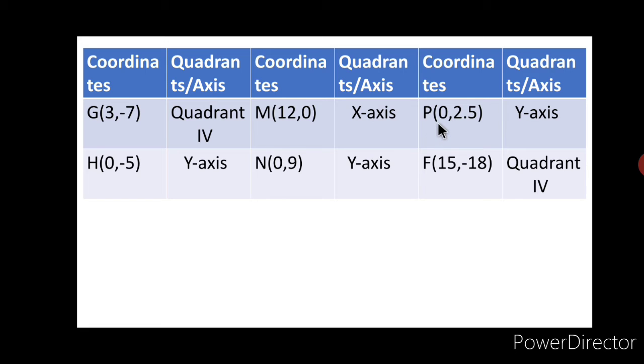P point, the x coordinate is 0 and y coordinate is 2.5 and x coordinate is 0 and therefore P point lie on the y axis. F point, x coordinate is positive and y coordinate is negative and therefore this point lie in the fourth quadrant.